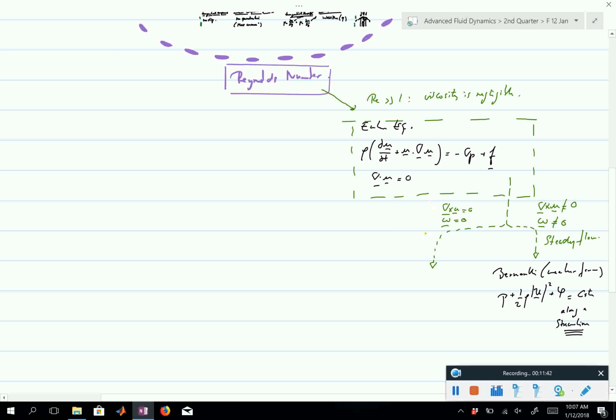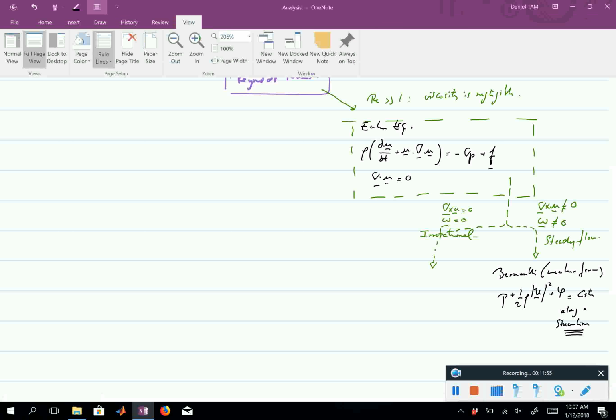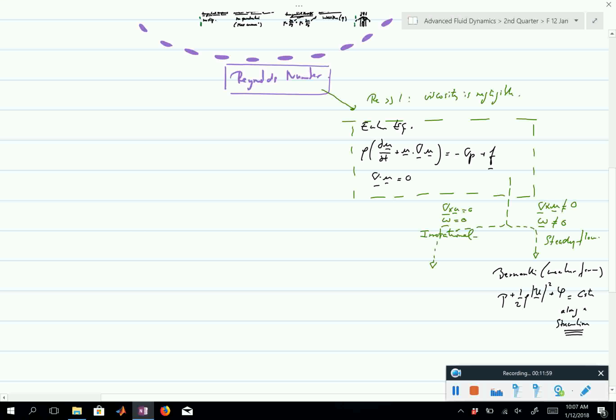Then you see that the momentum equation, the Euler's equation, you can rewrite as the unsteady Bernoulli equation, which is a much stronger form of the Bernoulli equation.